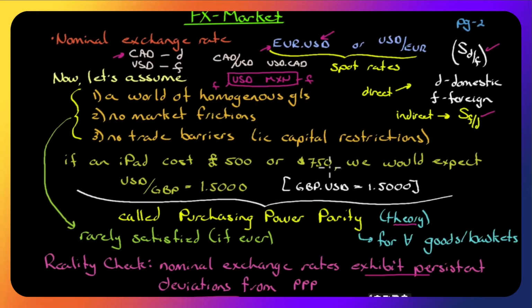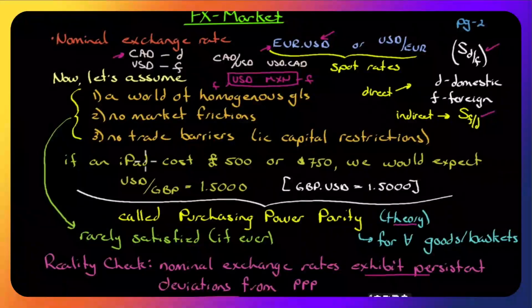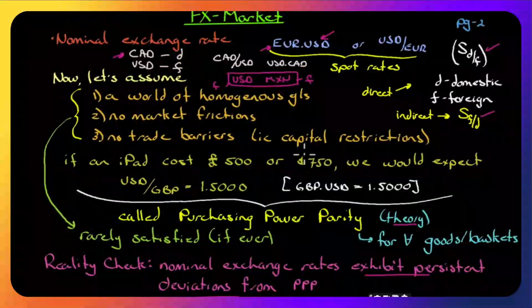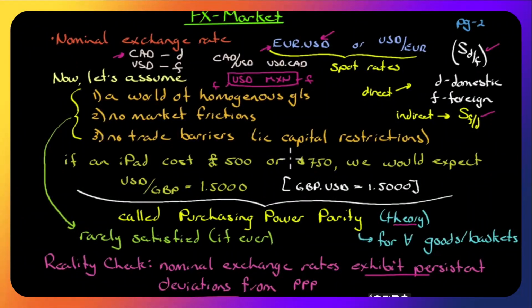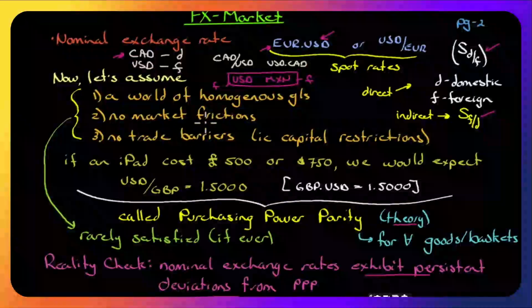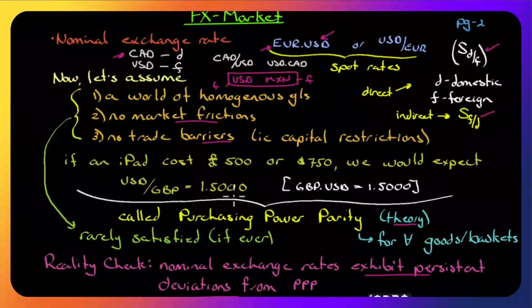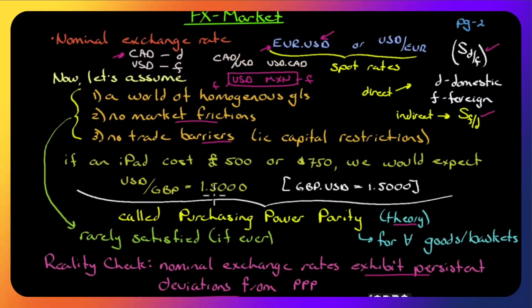I'd take the $800, spend $750 on an iPad, and I'd walk away with $50. Why spend $500 on an iPad when I can exchange that $500, get the same iPad and $50? That's called goods arbitrage. And for goods arbitrage to work, you need frictionless markets and no trade barriers. But clearly, those things do exist, so it doesn't really work, which means there's nothing really forcing this exchange rate to exhibit this characteristic.